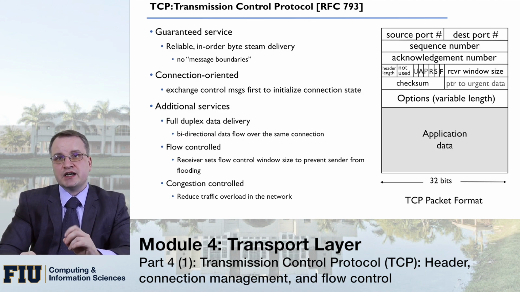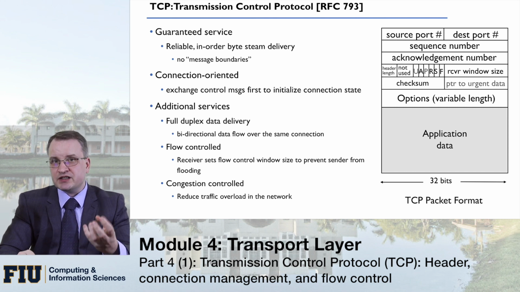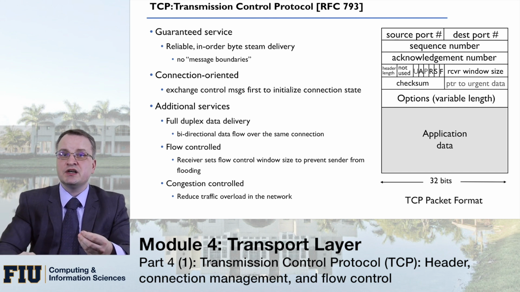As I already showed on this slide in one of the previous parts, TCP is a guaranteed service, so it provides a reliable in-order stream of data. It provides management of the connection, so it has the capability to establish and tear down the connection, meaning it will have the initialization of the state that I mentioned before, some form of initial sequence number in one direction, initial sequence number in the other direction.